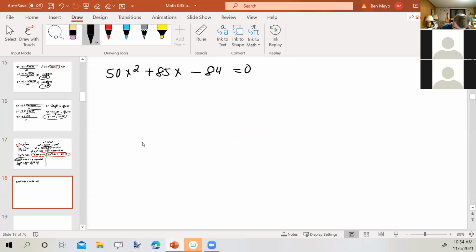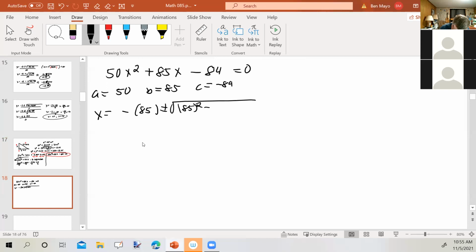Okay. Now let's see if I can get it all on this one page. A is 50, B is 85, C is negative 84, x equals negative b plus or minus the square root of b squared minus 4ac all over 2a.